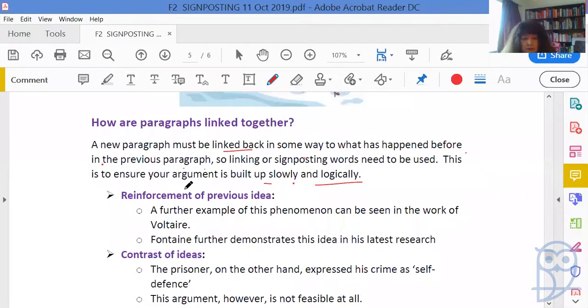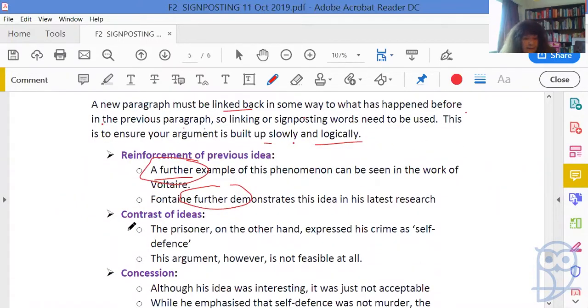Maybe you want to reinforce a previous idea from another paragraph. A further example of this phenomenon can be seen in the work of Voltaire. Or Fontaine further demonstrates this idea. So you see how you can put in these words in appropriate places in your sentence to reinforce a previous idea.